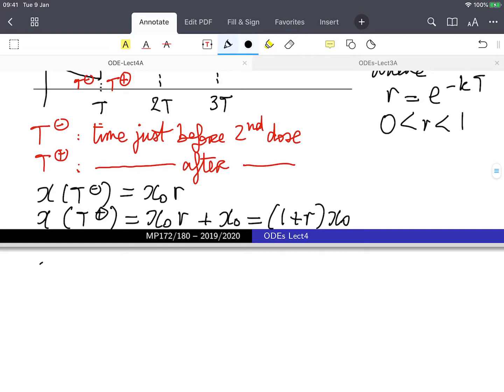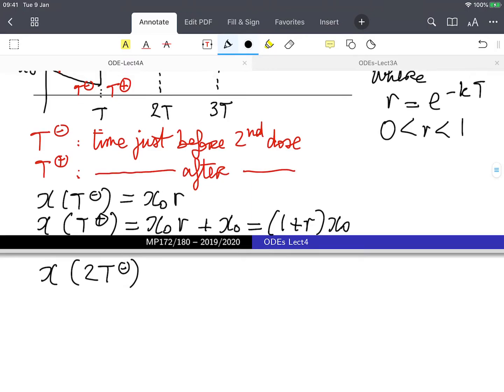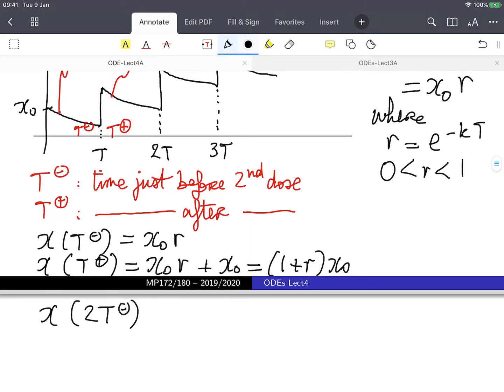So let's do that. X at 2t minus. What's it going to be? I've just decayed with the exponential minus kt over that period of time, right? From t to 2t.